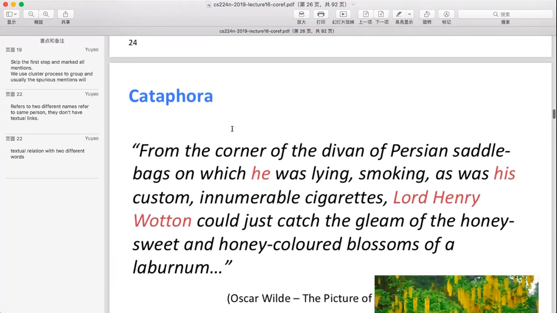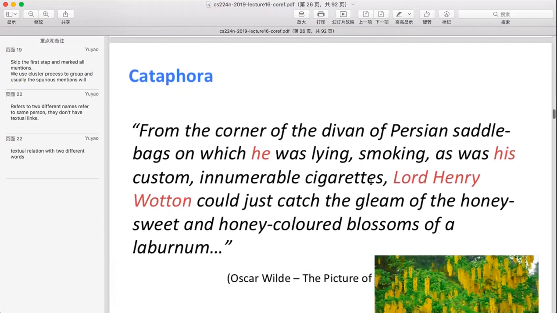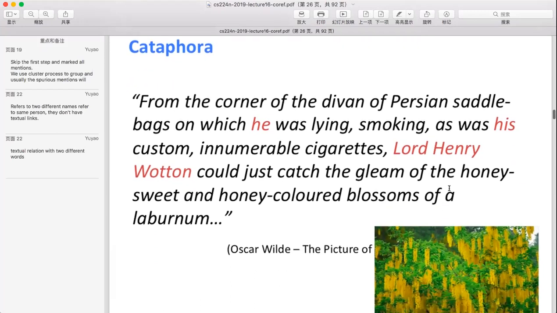For example, when we read this sentence, we see "he," "his," and then we know "he" and "his" refer to Lord Henry. So we need to trace forward, which is opposite to our usual linguistic processing. This is not used a lot in our language now, and it's also disused in our NLP systems, so we ignore that.